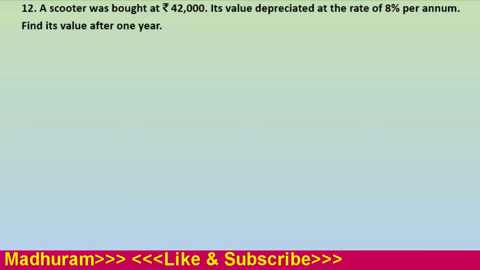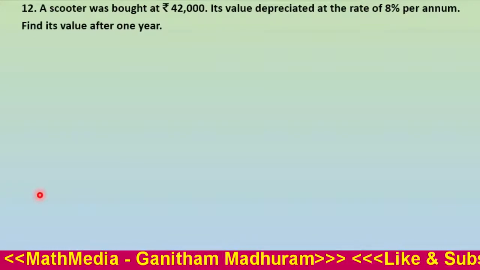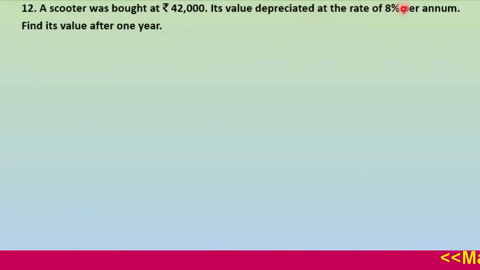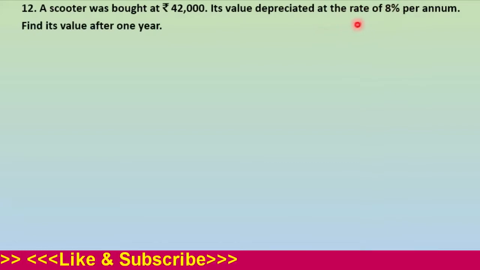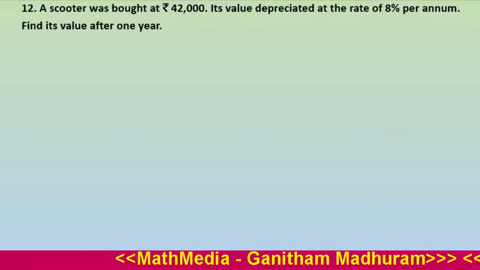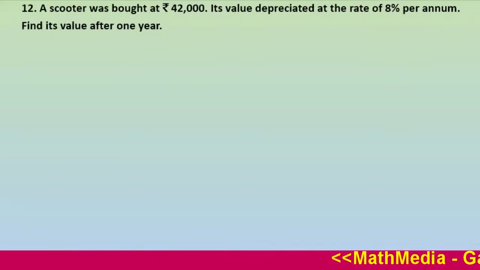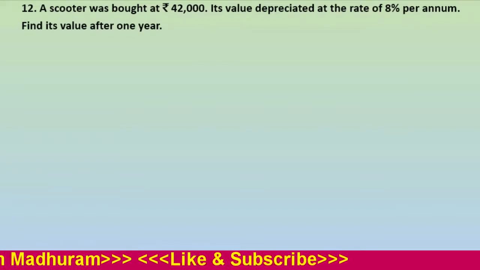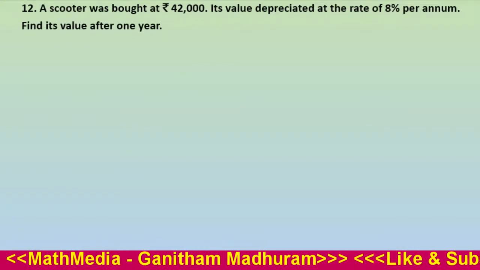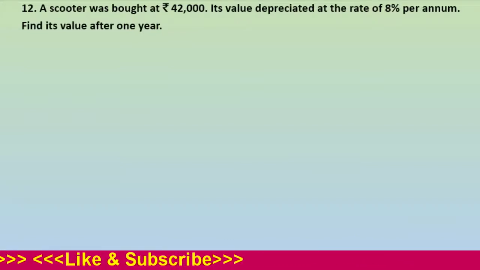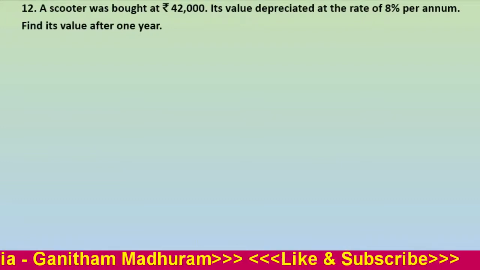But children, here you have to take care that a depreciation rate is given. That means the value is decreasing at the rate of 8% per annum. Till now we have discussed questions with an increasing rate only, so we used the compound interest formula as usual. Here a depreciation rate is given, so we make a small change in the formula.